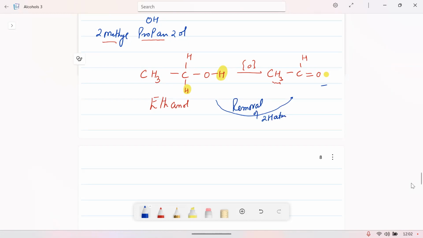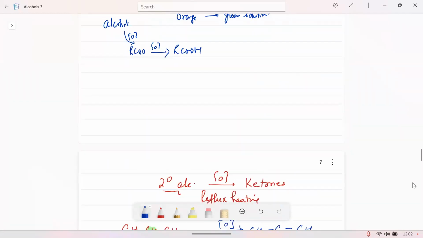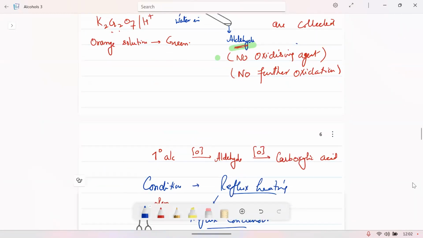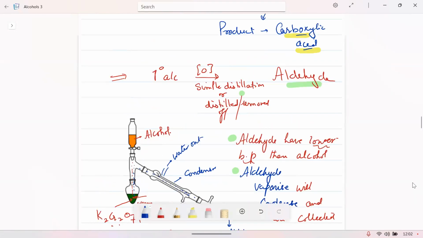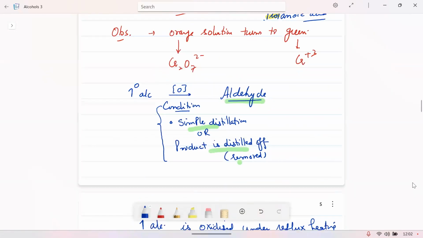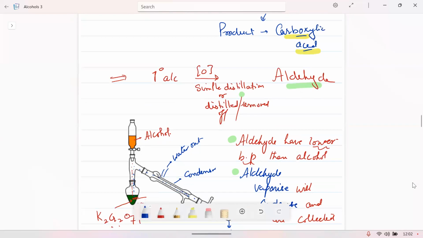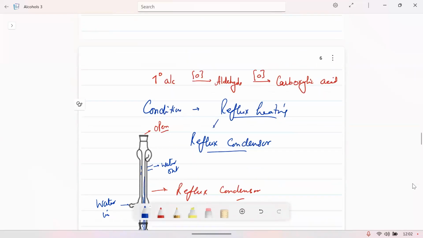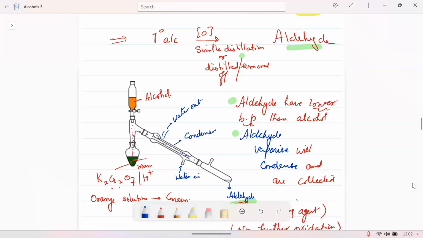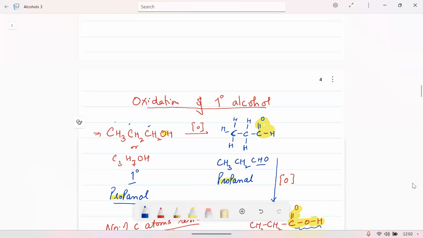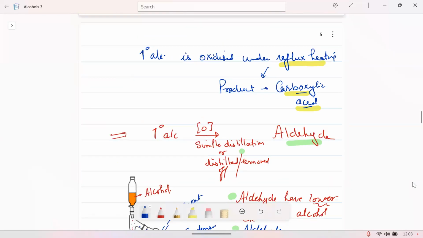They will form a water molecule, which I am not writing here because we are focusing on the organic product. What is the organic product here? The aldehyde.